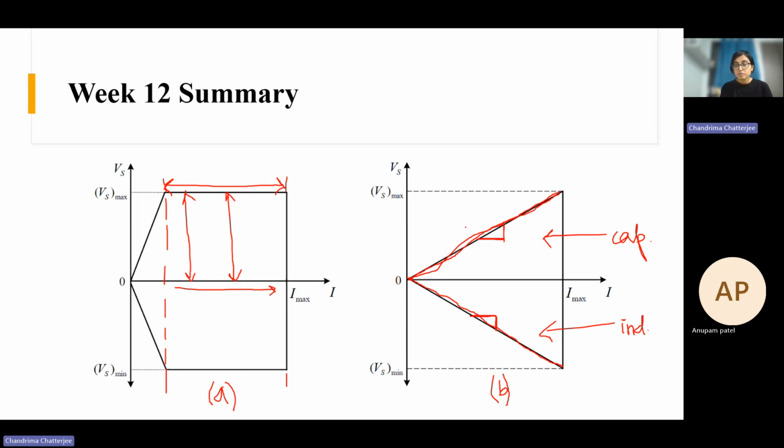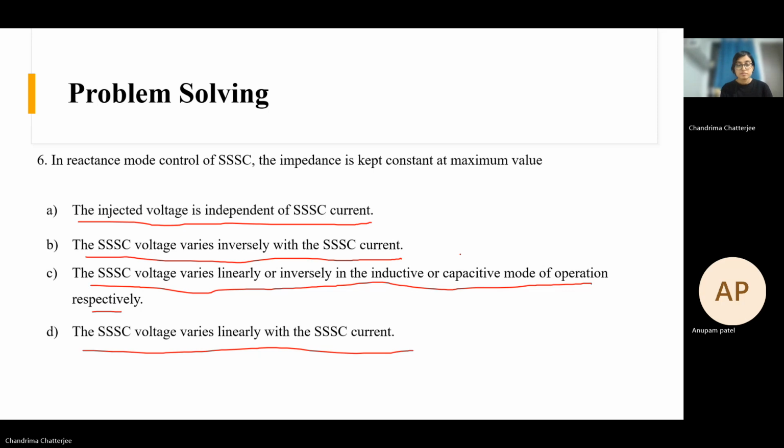But in reactance mode of control, there is a linear operation. So the voltage and current relationship is linear; the voltage increases linearly along with the line current. So the SSSC voltage varies linearly with the current. This is the correct option.